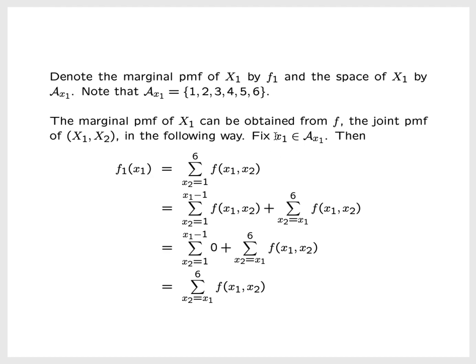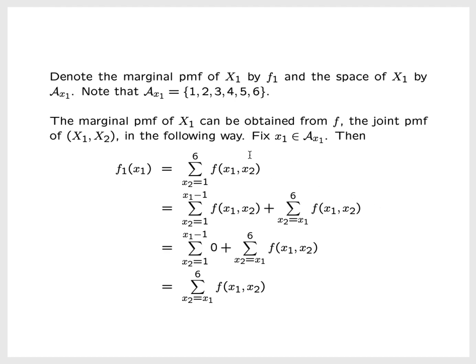So we need to first fix X1 in the sample space of X1. Then, for that particular value of X1, the marginal PMF of X1 is obtained by summing the joint PMF over the values of X2 in the sample space of X2, which are the values 1 through 6.